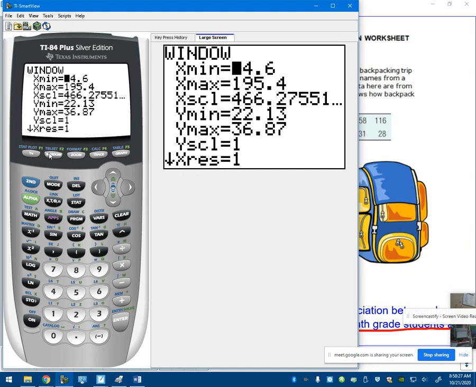All right, so open up that calculator. Do hit Y equals, see if there's anything there. Do second Y equals. Pick the first scatter plot.